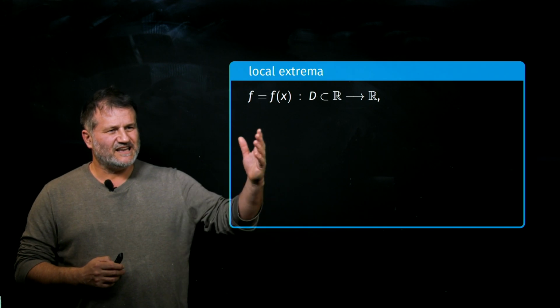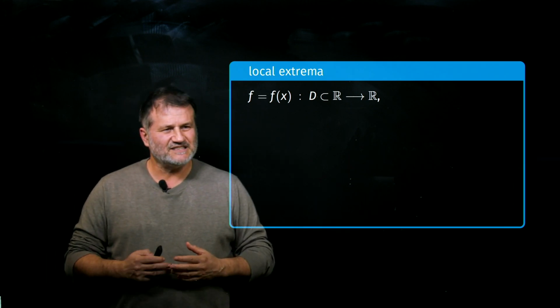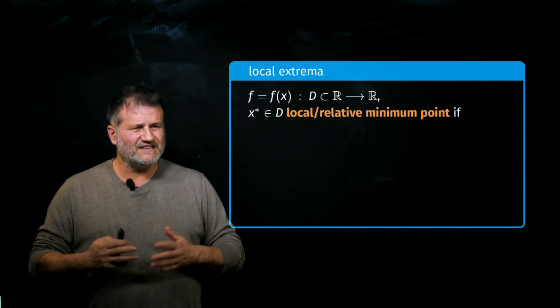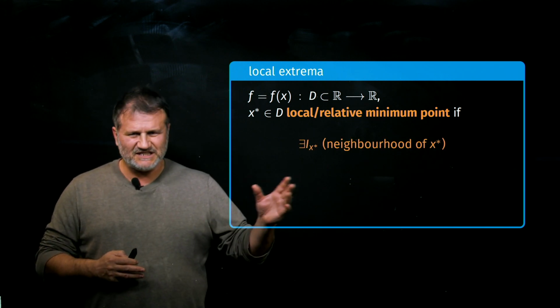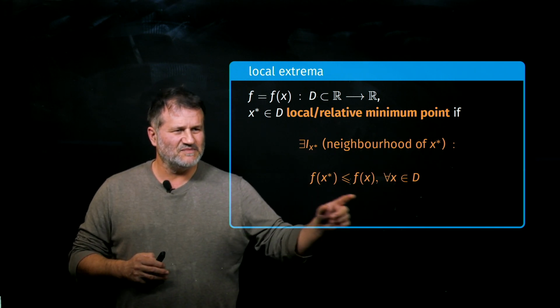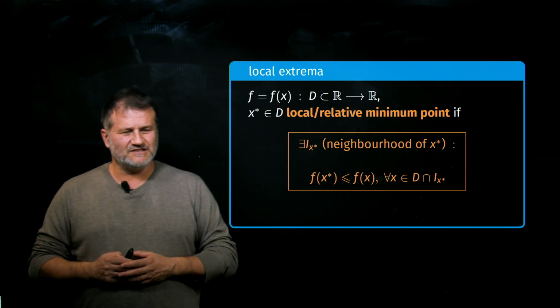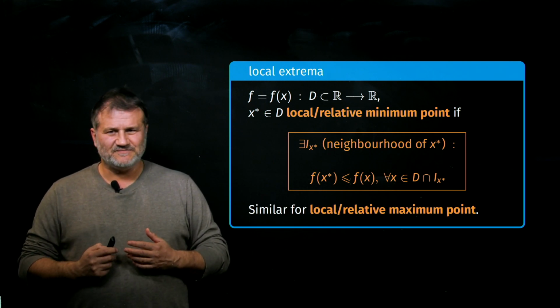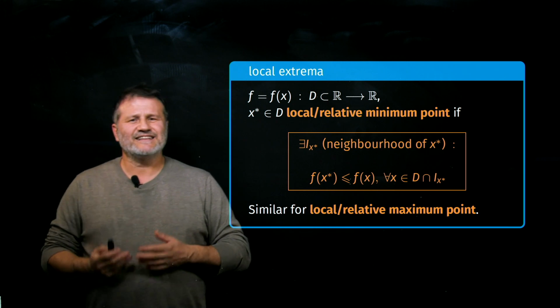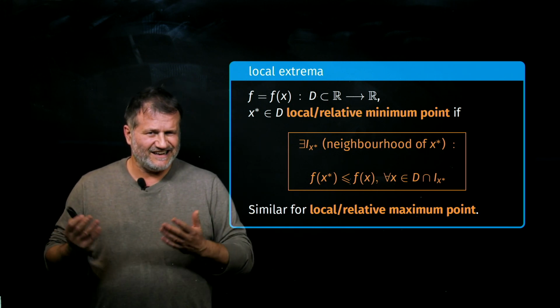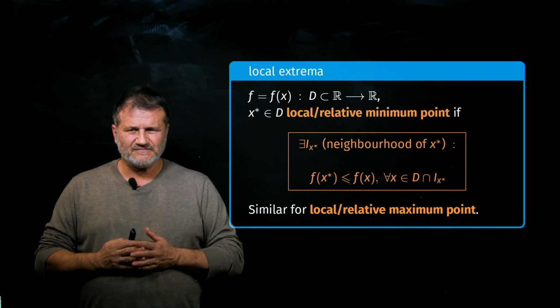Formally, we say that given a function f of x, x star is a local minimum or relative minimum point if there exists a neighborhood of the point such that the function there has a minimum, and this is expressed by this. Similarly, local maximum are defined. It is clear that a global minimum or maximum are also local, but not necessarily the vice versa.